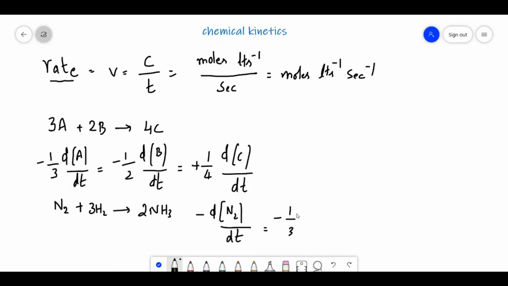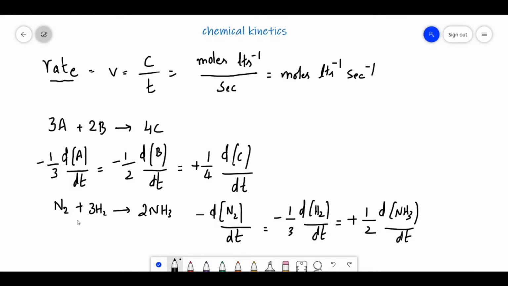Why? Because it is present on the reactant side, so it is given with a negative sign. And this 2NH3 is given with plus 1 by 2 d of NH3 by dt. So this is how we write instant rate.